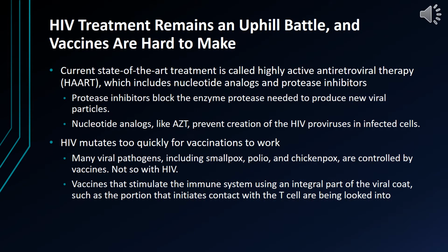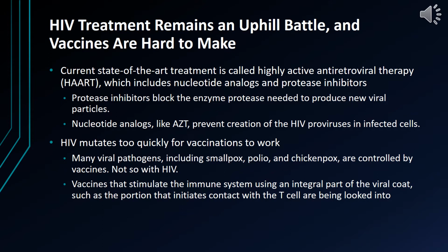HIV treatment is still an uphill battle, and vaccines are difficult to make. So the current state-of-the-art treatment for AIDS is highly active antiretroviral therapy, or HAART, which involves the use of nucleotide analogs, and these are just drugs which resemble nucleotides, and protease inhibitors.